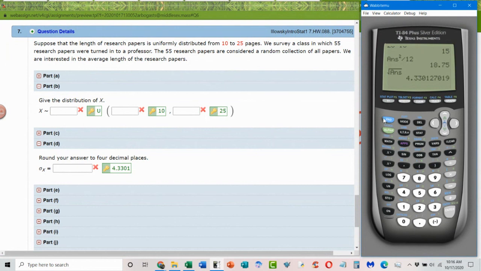Or if I were to do this all in one go, second square root, parentheses, 25 minus 10, close parentheses, squared, divided by 12. I like just doing it out in steps. That's just me. You can see where I did something wrong, like squaring them both first. I knew something was wrong, but I couldn't figure out what. So subtract them, square the difference, divide by 12, take the square root.